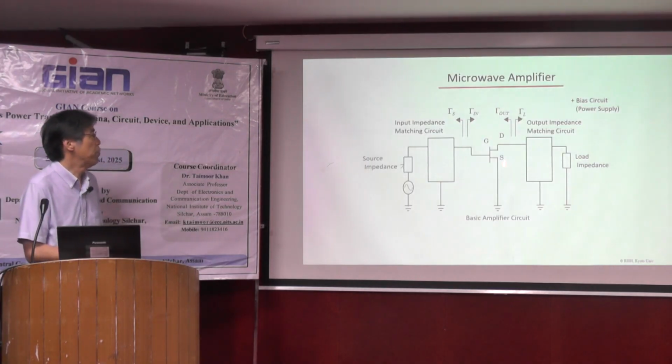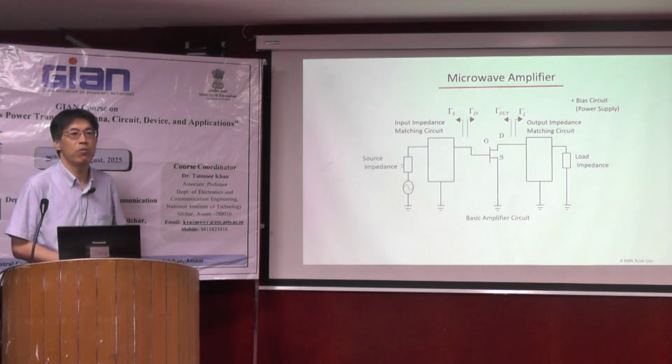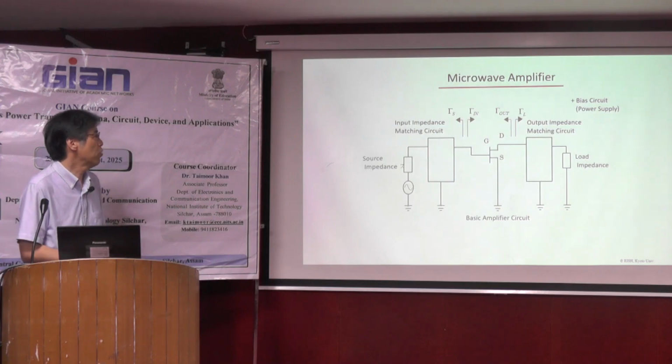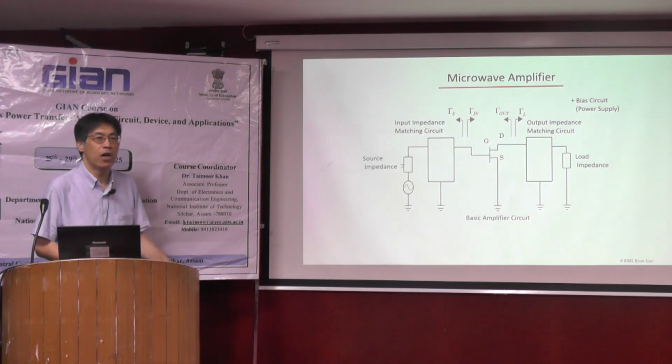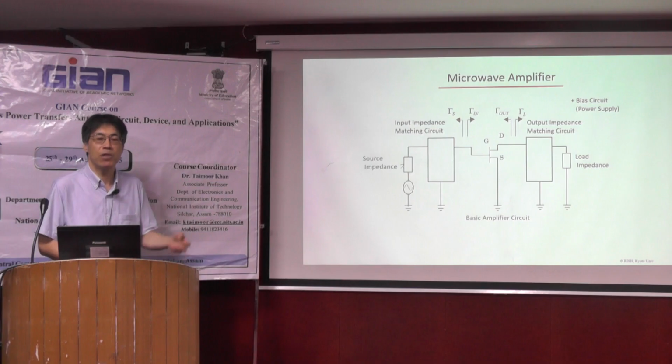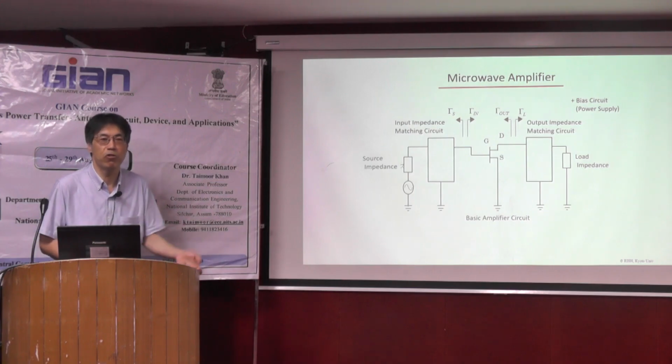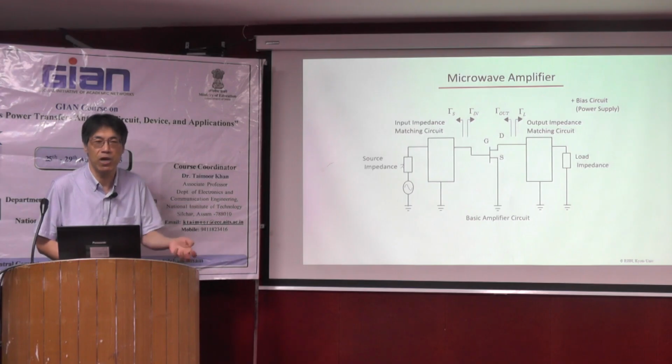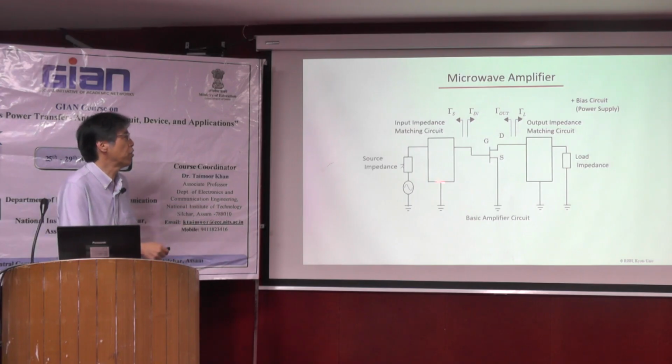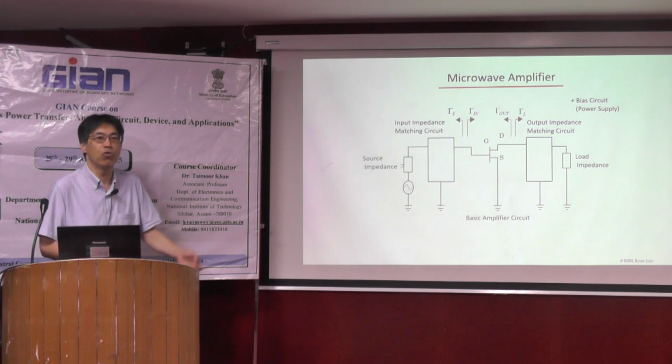And this is a very, very general microwave amplifier design. At first, in the transmitter, we generate the microwave about 1 milliwatt or below. And after generating the microwave, we add some circuit like a phase shifter and microwave amplifier to use the radio wave as energy.